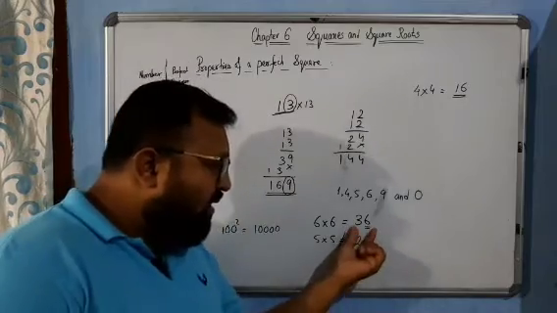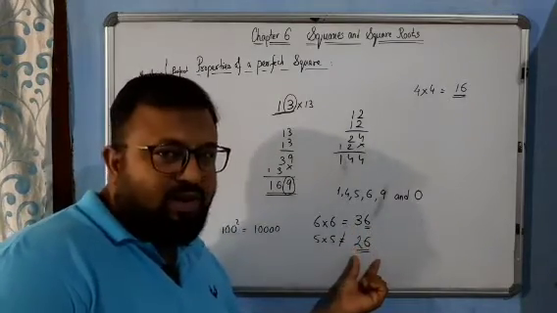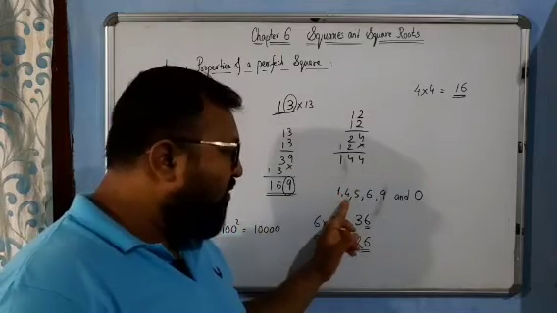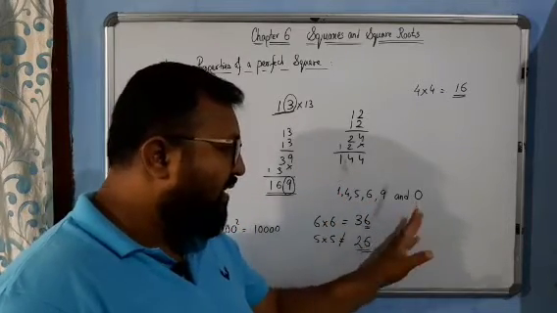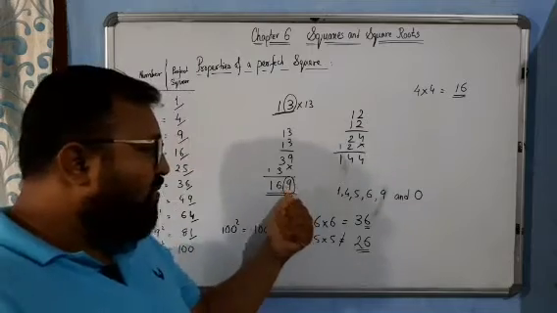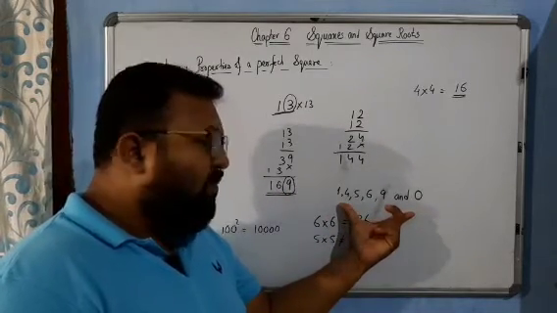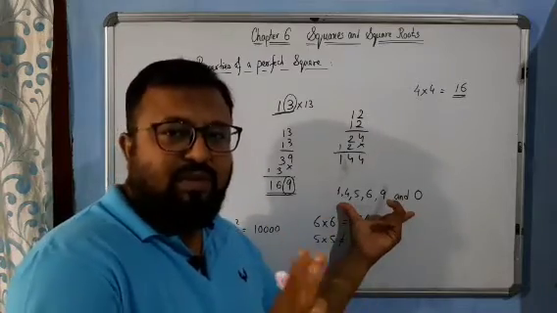See, 36 is a perfect square number, but 26 is not a perfect square number. So the possibility is there whenever a number is having 1 4 5 6 9 and 0 in the ones place that it will be a perfect square number.